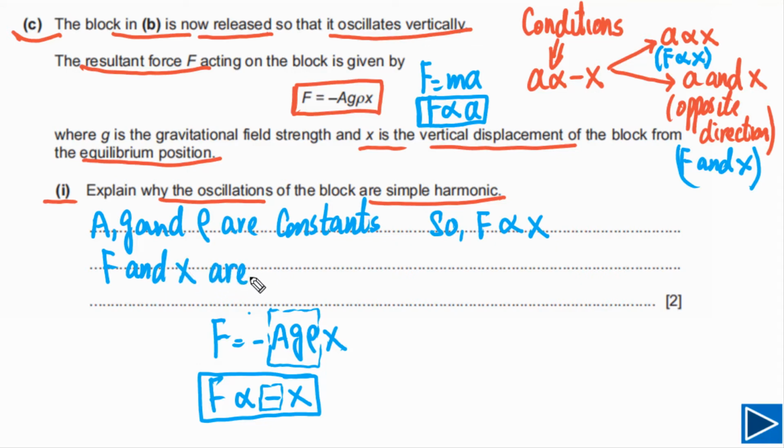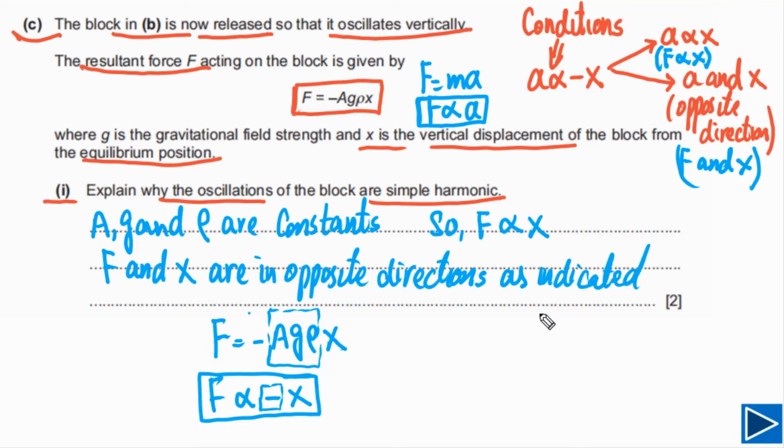So we can write that F and x are in opposite directions, as indicated by the minus sign. That's all we have to write for this question. This question has 2 marks. You will get 1 B mark if you have written the first one, and the second one you will get if you have explained the minus sign.